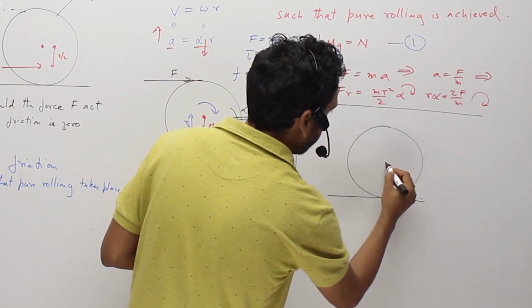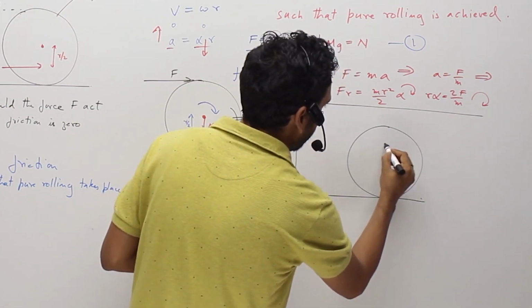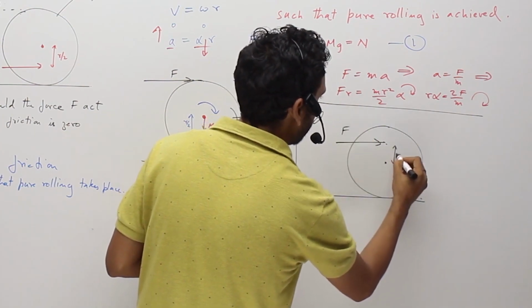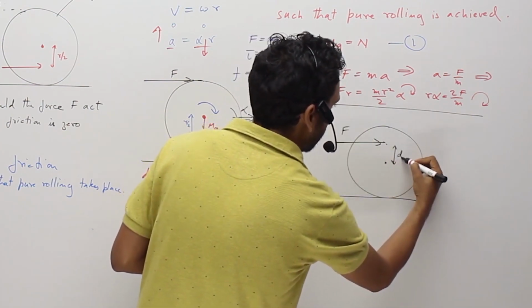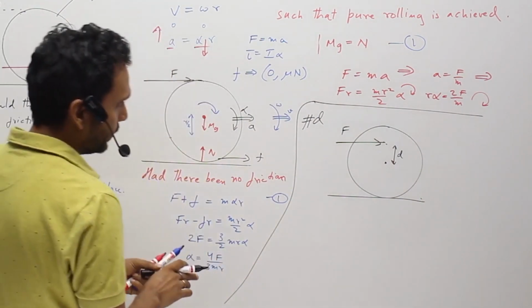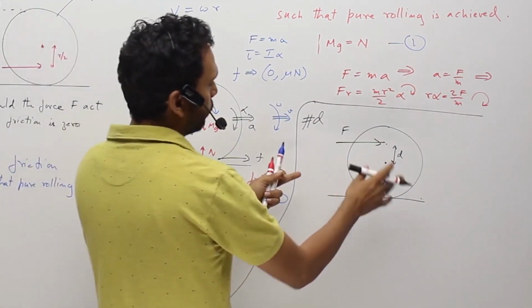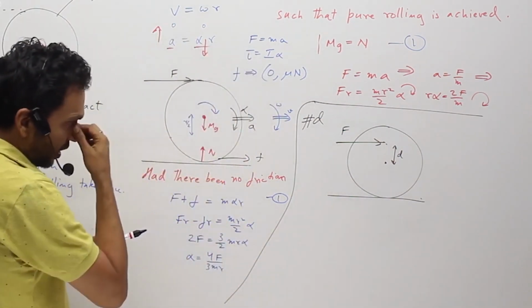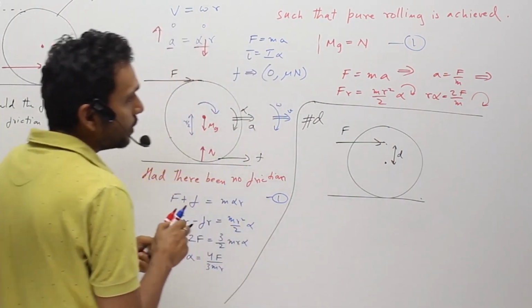Here, that's your disc, that's your center, and say F is acting D above the central point, and this time I am going to take I of any random body and later on put it as a cylinder, so that we have a general idea of the answer.